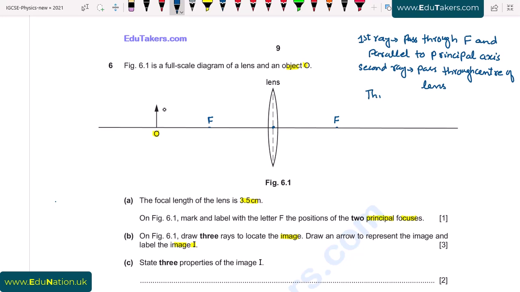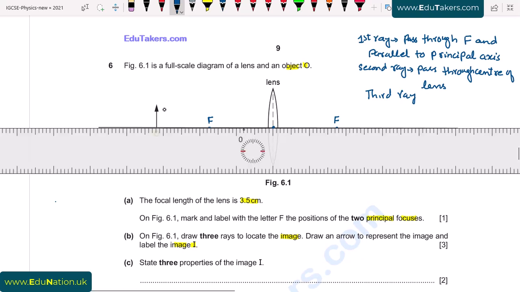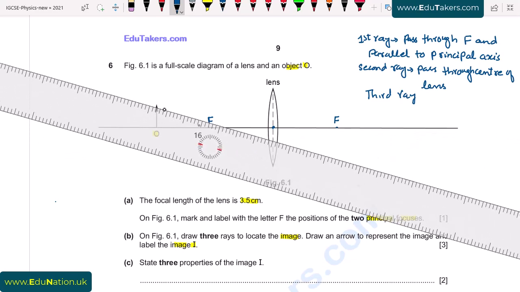While third ray, first it is parallel to the principal axis and then after refraction by the lens it passes through the principal focus. Now I am going to draw the first ray that passes through the focus point.